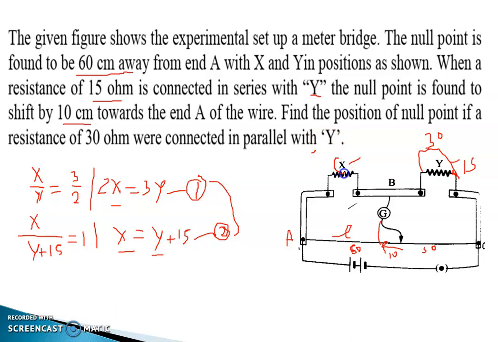We have to calculate X and Y. We can easily calculate X and Y with the help of these two equations. Then Y is connected with 30 in parallel. Then we have to find the equivalent resistance, and from that equation we can get the null point.